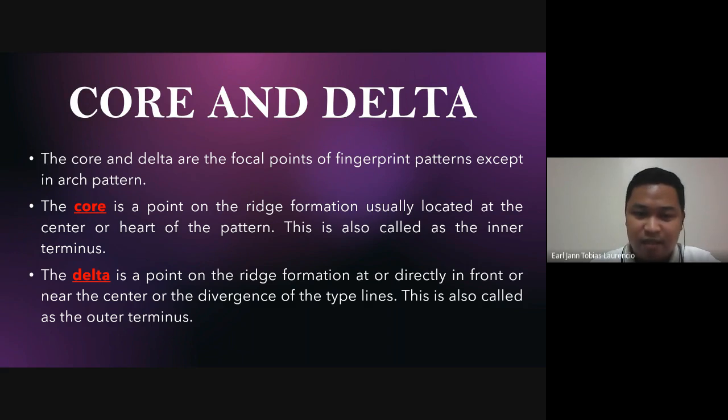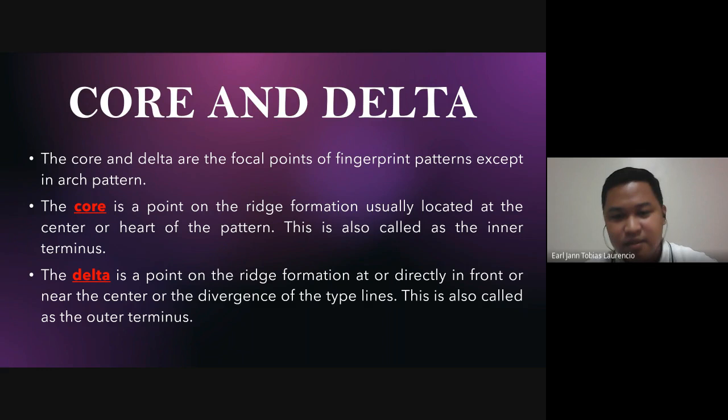While the delta is the opposite of the core, because the delta is often located at the point of divergence of the type lines. We discussed in our previous discussion the type line as well as the point of divergence.